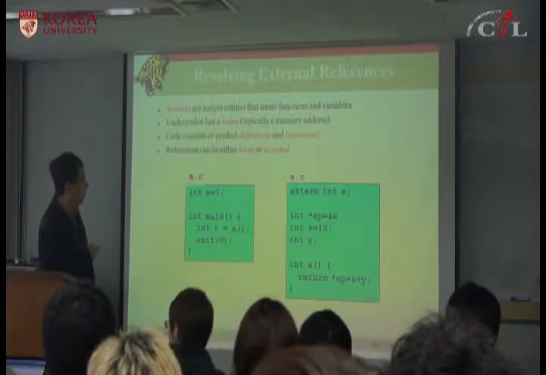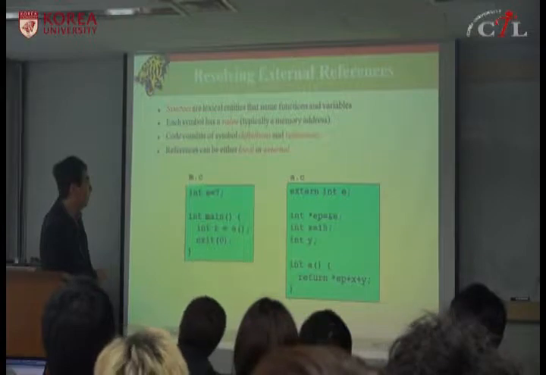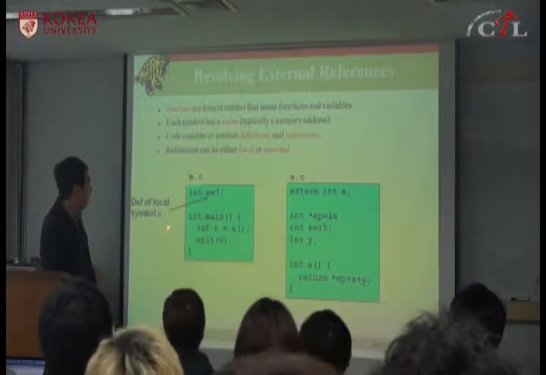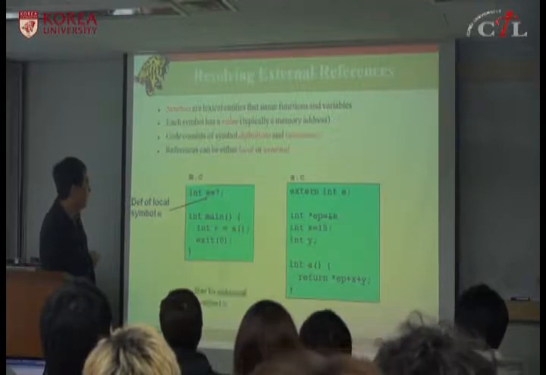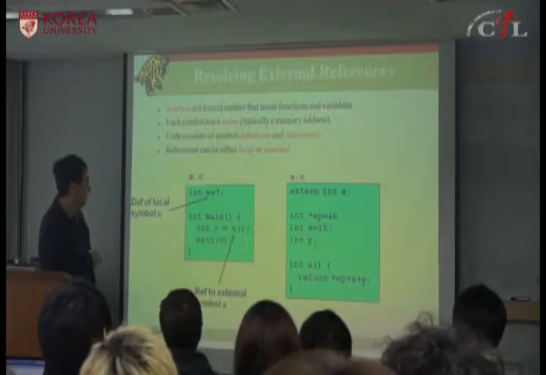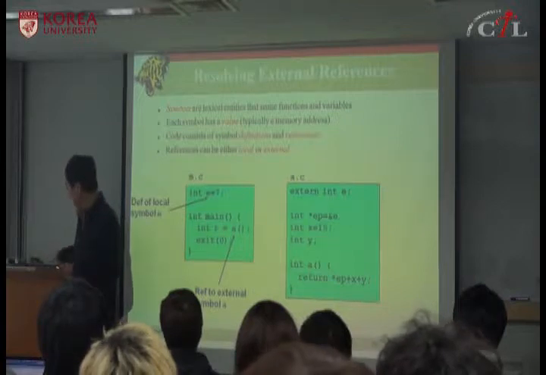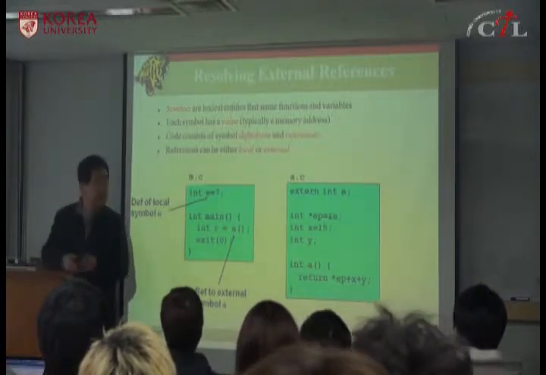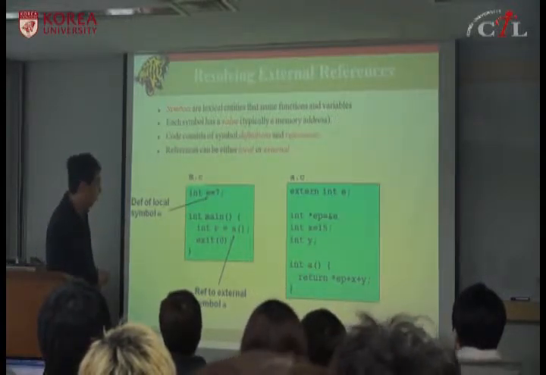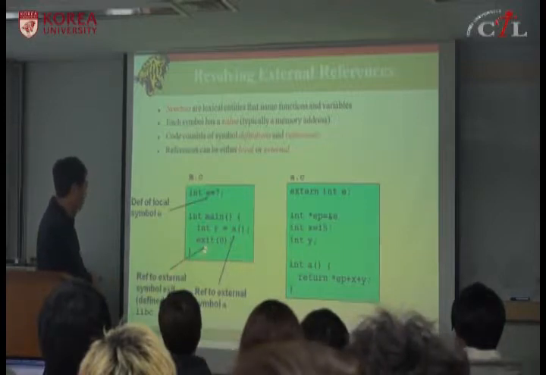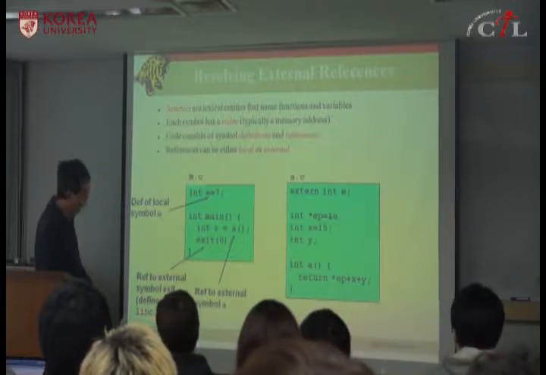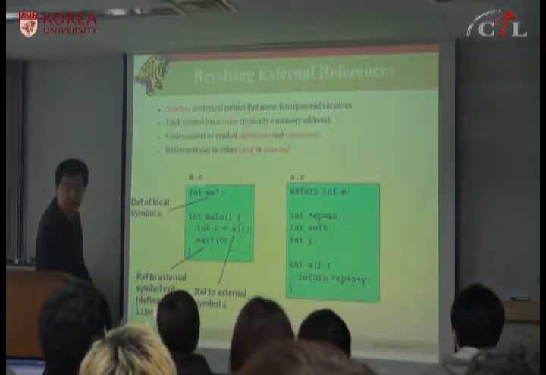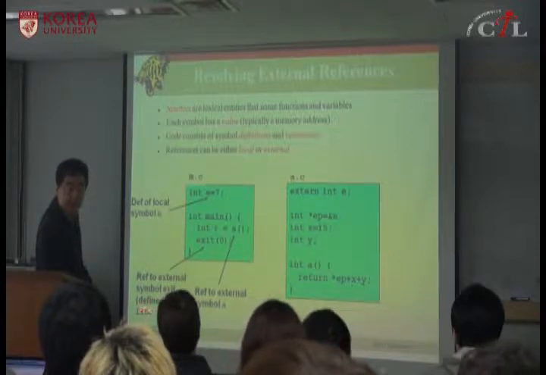Okay? So we are looking at this example. This is a definition of local symbol E, and this is a reference to an external symbol A. And a reference to an external symbol exit, which is usually defined in the shared object, the runtime library.